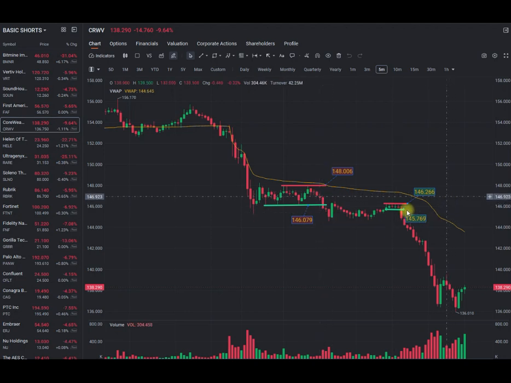challenging, let's call it consolidation. So we have 1, 2, 3, 4, 5, 6, nearly 8 3-minute bars. That's almost half an hour to decide if you want to short here. And here the risk is, instead of being $1.50, which is 1% on a $146 stock, the risk here is 50 cents.